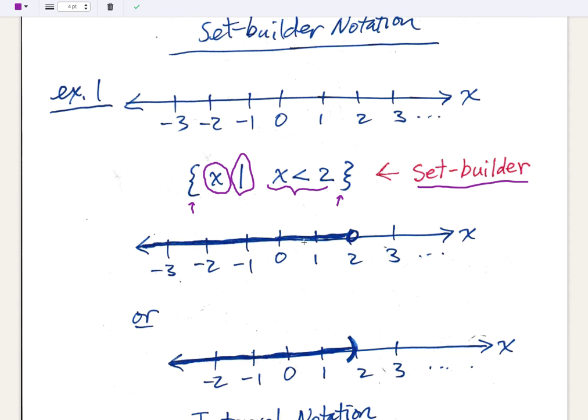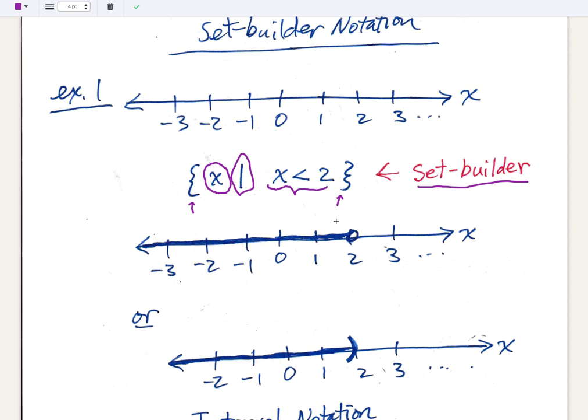So I've shaded in everything to the left of 2. Now we're talking about the real numbers, so it's not just 1, 0, -1, integers. It's all the real numbers, like 1.993 or 1.99996 and stuff like that. So everything to the left of 2 is everything less than 2.